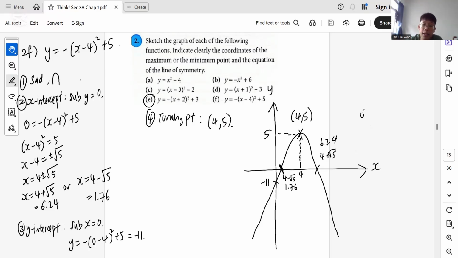Lastly, label the graph: y equals negative bracket x minus 4 squared plus 5. So this is it for question 2F. Sorry, I circled 2E here, it's supposed to be 2F. That's it.